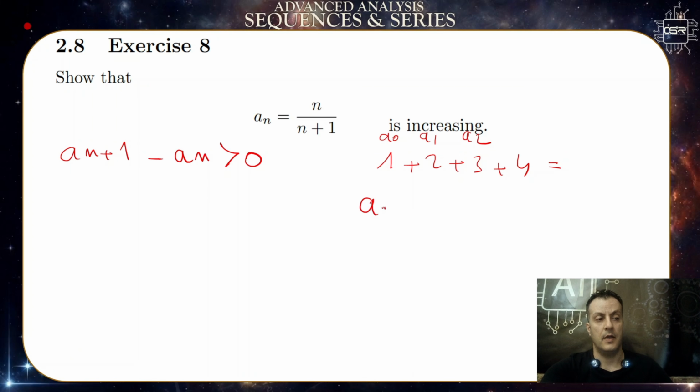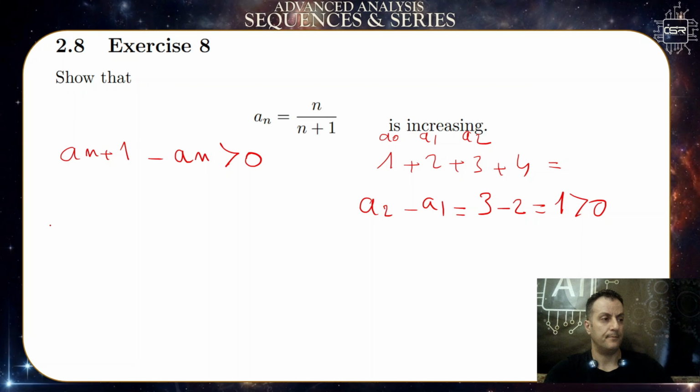Then a2 minus a1 is equal to, for example, 3 minus 2 equal to 1, greater than 0. Hence, this sequence is indeed increasing. And by the way, the definition of a monotone sequence is that it is increasing and bounded. Monotonic means increasing or decreasing, by the way. It's either strictly increasing or strictly decreasing and having an upper and lower bound.